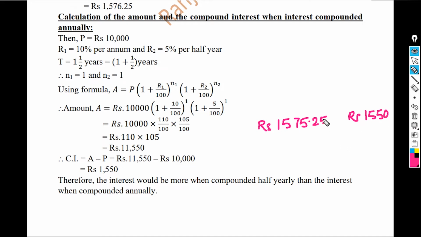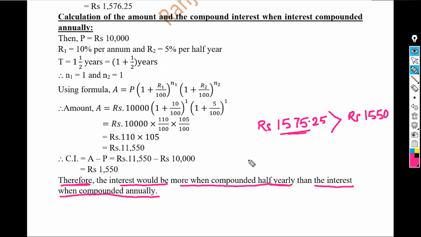Which is more? Of course this is the first case. Now you must write the conclusion. Therefore the interest would be more when compounded half yearly than the interest when compounded annually.